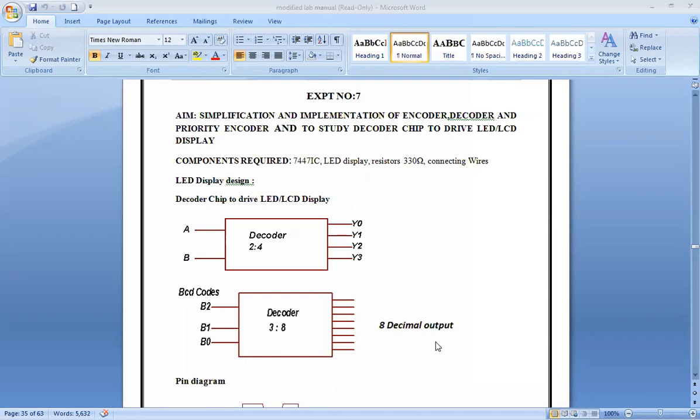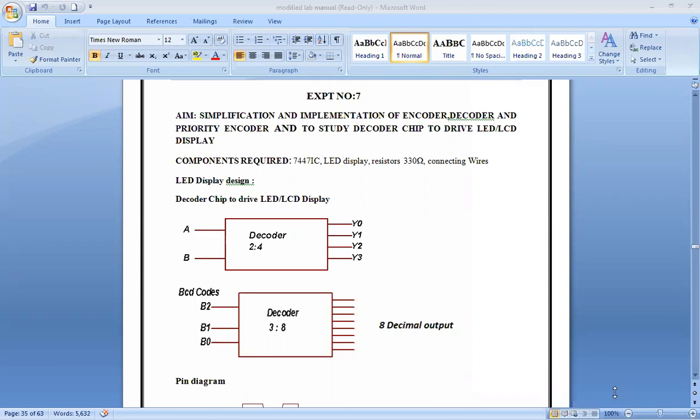Is it necessary that we need to have only one bit output? One pin output, sir. One bit. Is it only one bit or how is it? I'm not sure, sir, but I guess it is 1 bit.